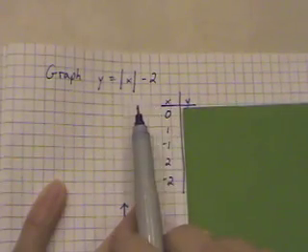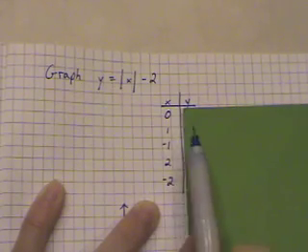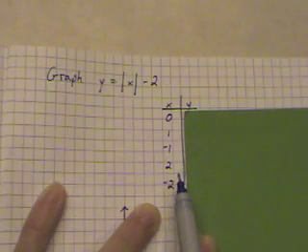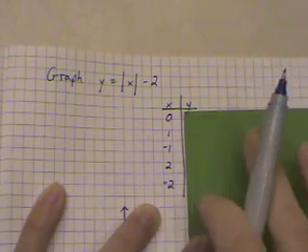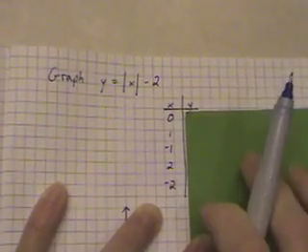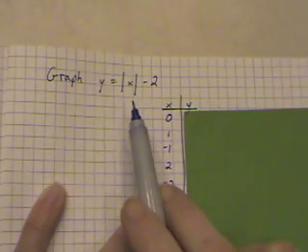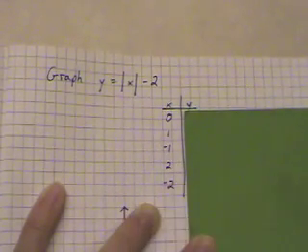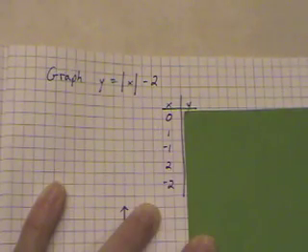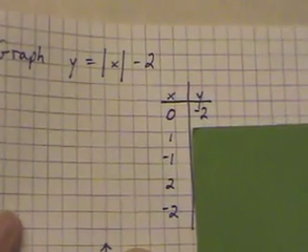So now that we've got our parent function, let's see what happens if we play around with it a little bit. Make another table, please, and put these values in it and figure it out. So if x equals 0, all we've got left in this equation, y is equal to -2.